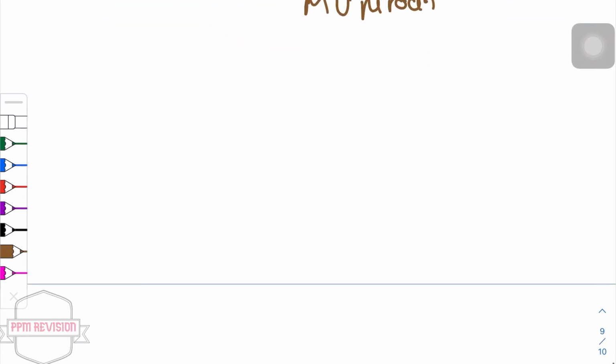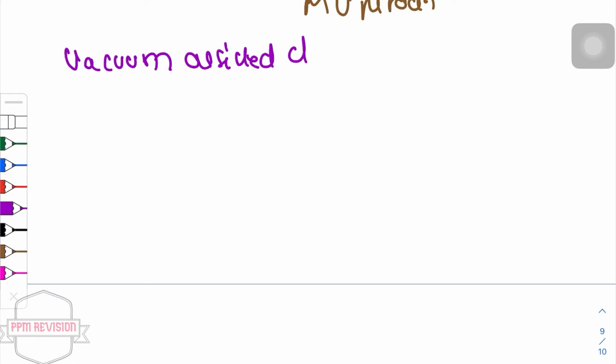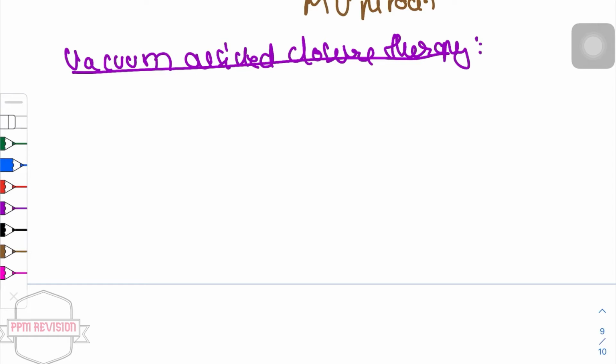Next, we also have vacuum assisted closure therapy. It is done by creating a tent over the wound surface.